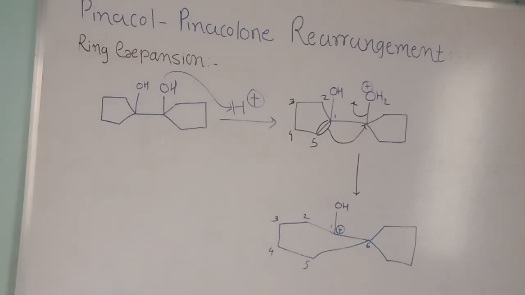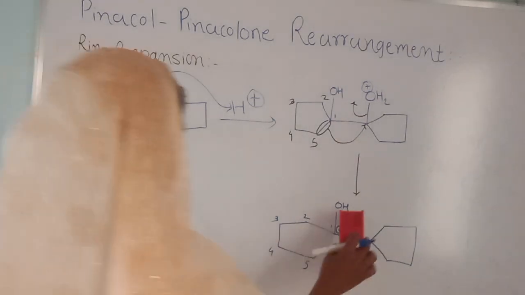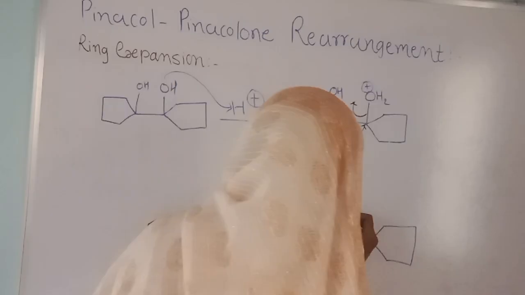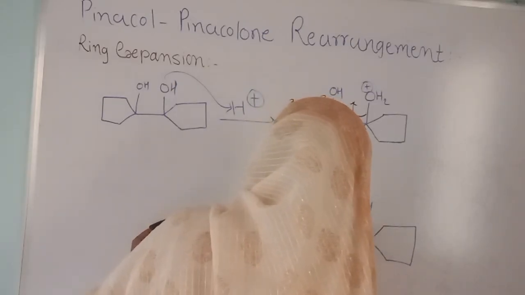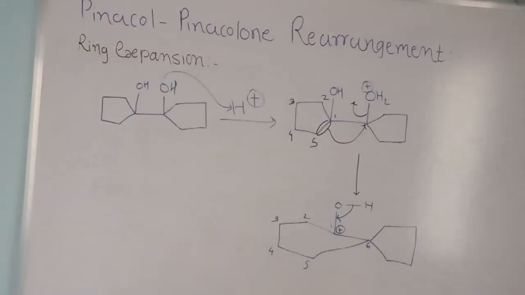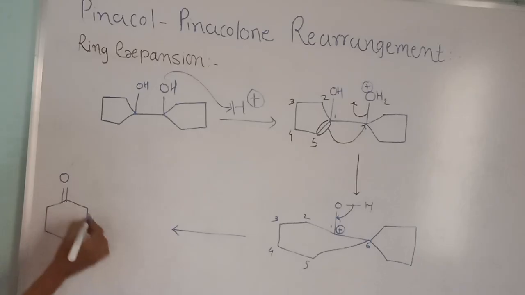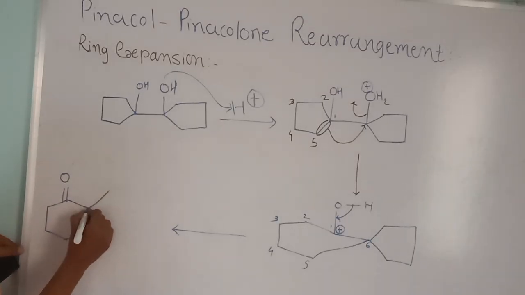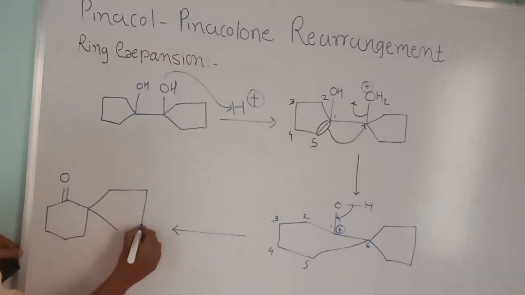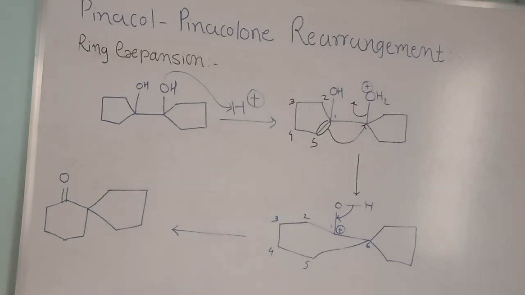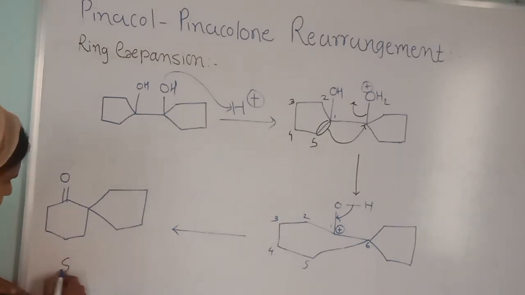This carbocation is stabilized by this hydroxy group, which is converted into a ketone. Very good. Here a six-membered ring, with a carbonyl at one position, and here a spiro center. We get a spiro product.